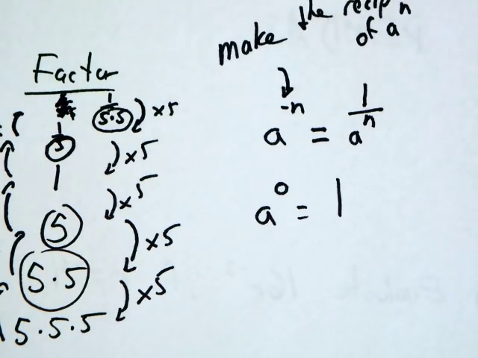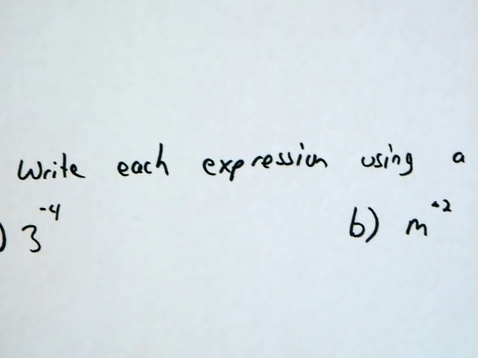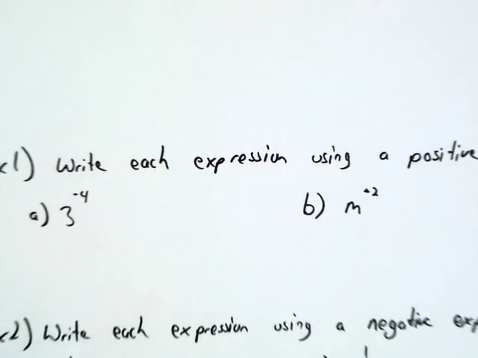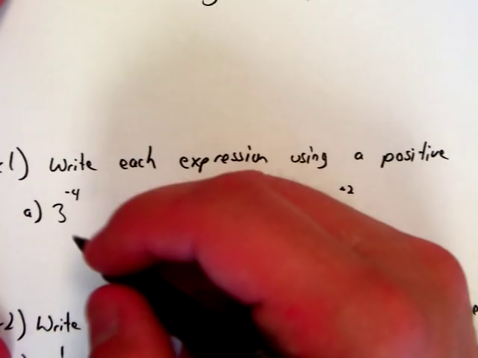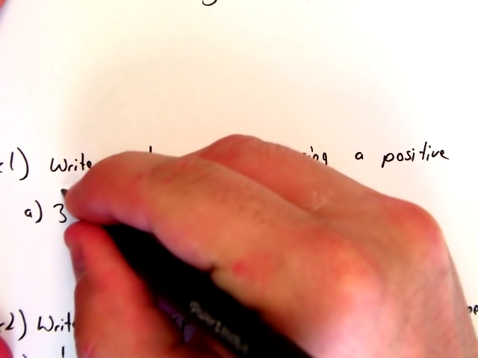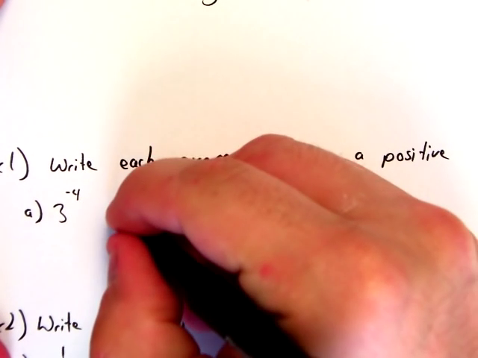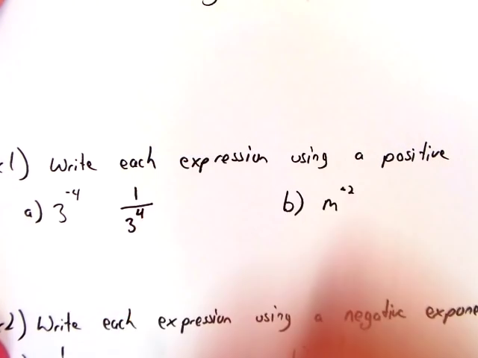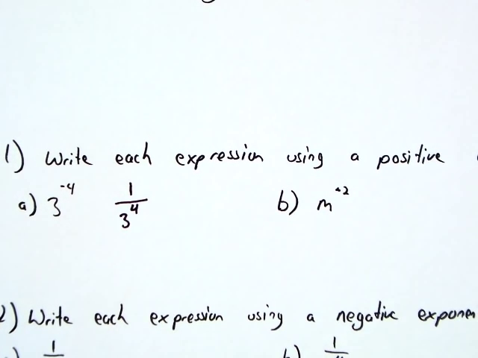All right, let's start looking at some examples. So example 1, it says write each expression using a positive exponent. So 3 to the negative fourth power. Remember, this negative sign means to make the reciprocal of 3 to the fourth, which means that this would turn into 1 over 3 to the fourth.